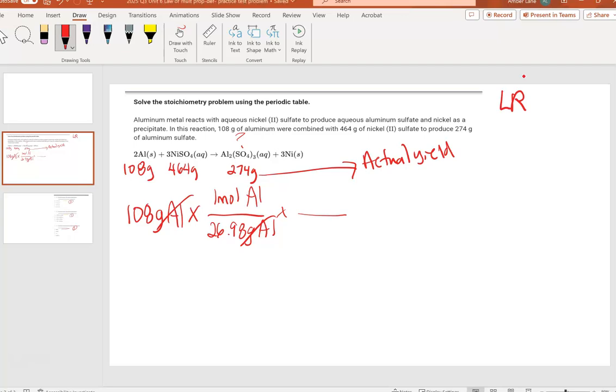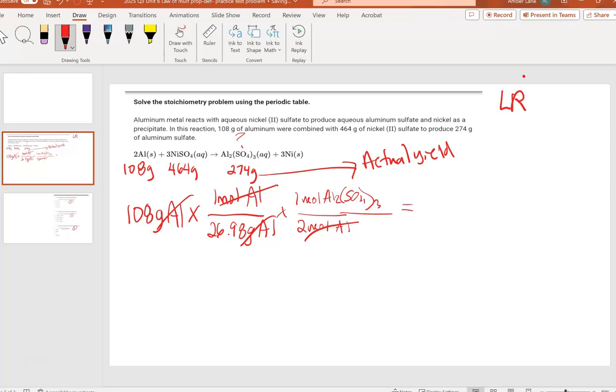Now I want to get rid of aluminum, so my 2 moles of aluminum goes down here, and since I have no coefficient, I have 1 mole of Al2(SO4)3. Moles of aluminum are gone, and I'm sitting at moles of aluminum sulfate. Now I'm going to calculate that in a second.